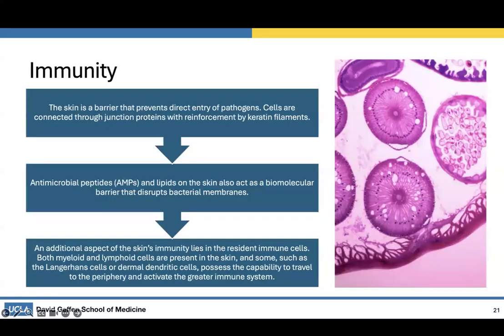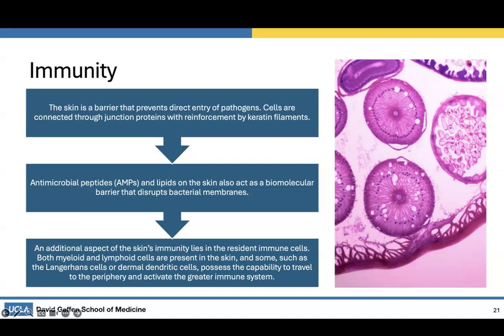As previously mentioned, the skin serves as an anatomical barrier against foreign invaders. Cells are connected through tight junctions that help with the reinforcement of the keratin filaments, which provide the barrier. Antimicrobial peptides, or AMPs, and lipids on the skin also act as a biomolecular barrier that disrupts the membranes of certain bacteria.